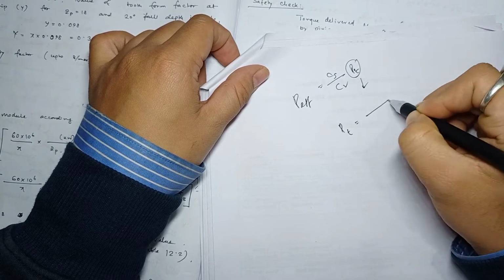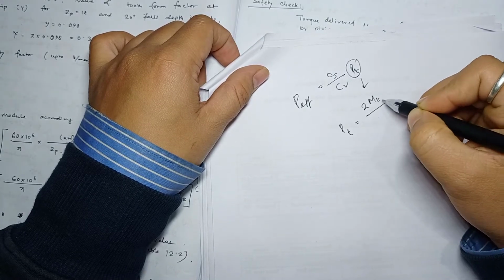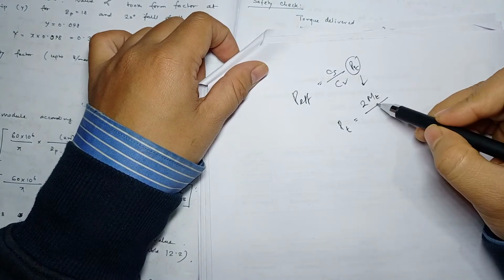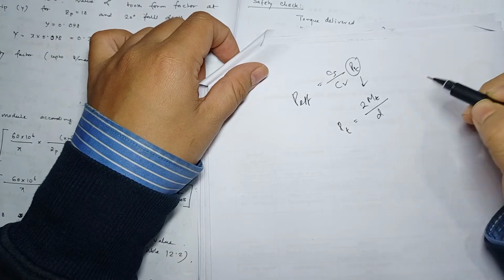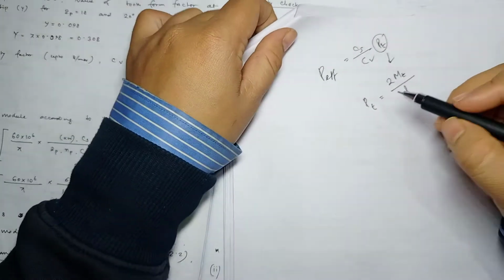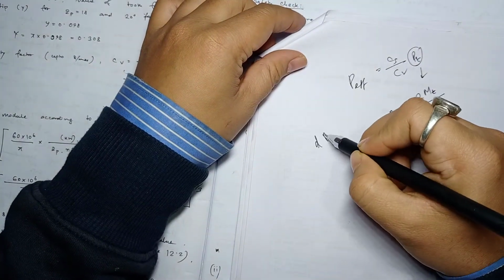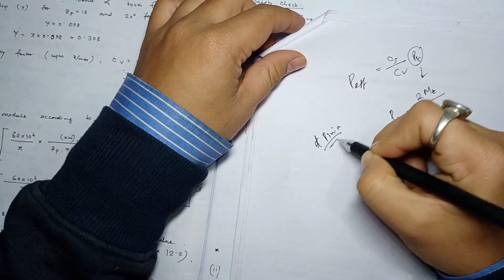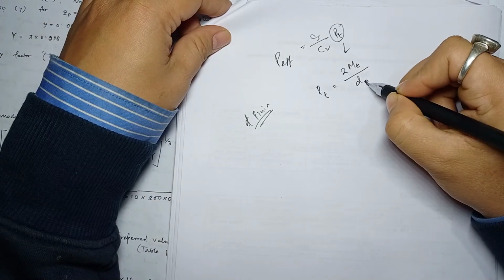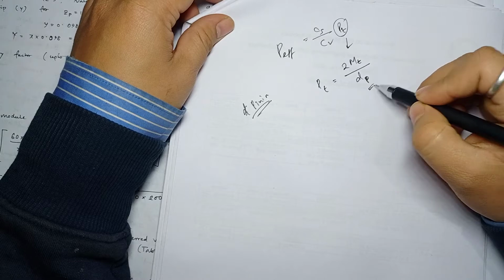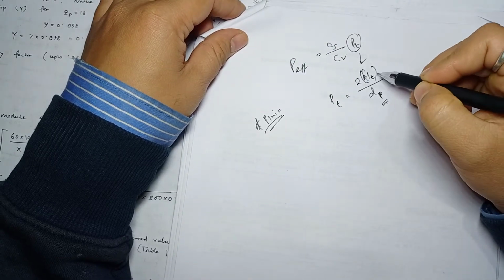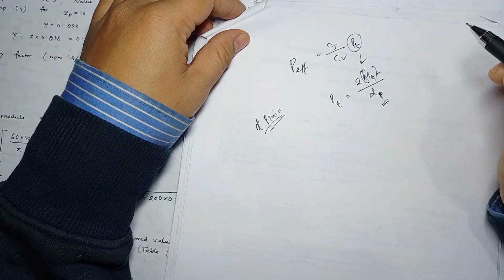PT, the tangential force, is 2 times your MT, that is your torque, divided by D, the diameter. Now you are designing for the pinion, so you have to take the diameter for the pinion, and this torque is supplied to the pinion.